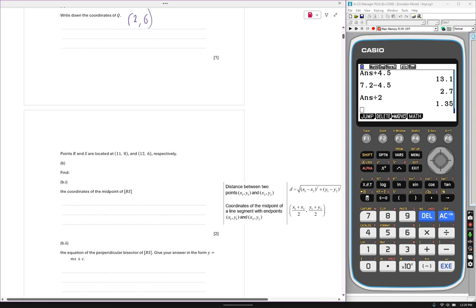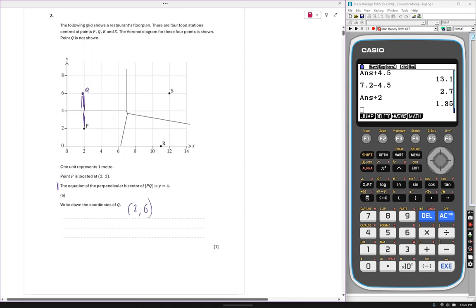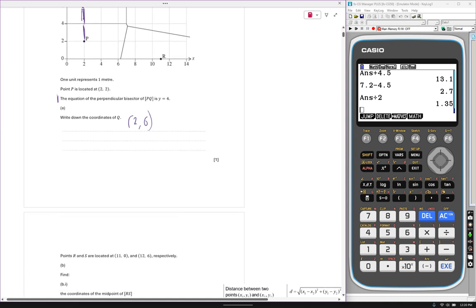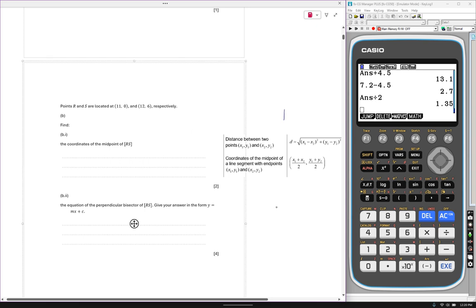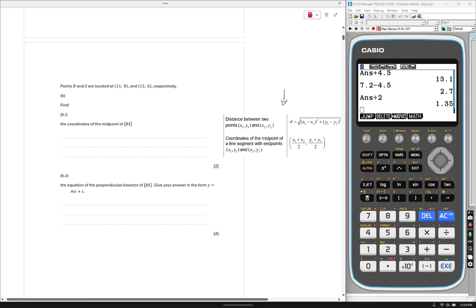Next one. Points R and S are located at (11, 0) and (12, 6) respectively. So let's have a look. S and R just up there. Find the coordinates of the midpoint. Okay, this part over here, which I'm drawing an arrow to, is not given in the question. This is taken from the formula booklet. So we are looking for the midpoint, so we need to use the second equation down there. I'm going to label this x1, y1, x2, y2. Sub in our points.